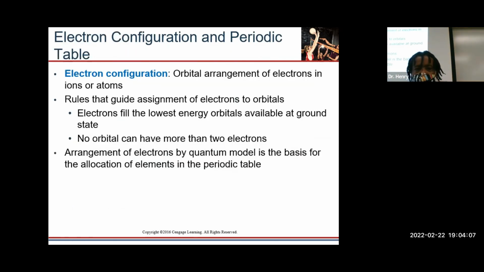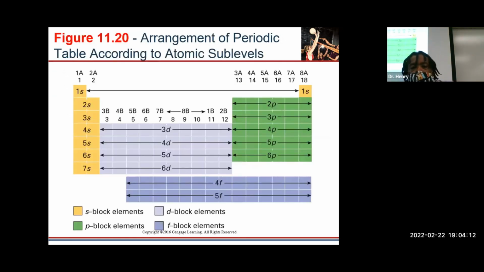Okay, so if you take a look at the periodic table, this basically shows you the order that you're going to be adding those electrons, right? So here you have that 1s, the 2s, 2p, 3s, 3p, 4s, 3d, 4p, 5s, 4d, 5p.